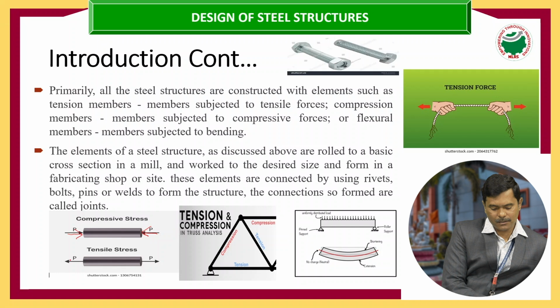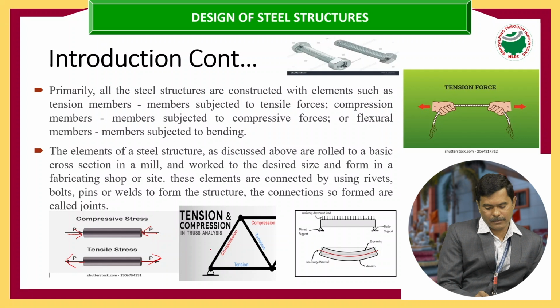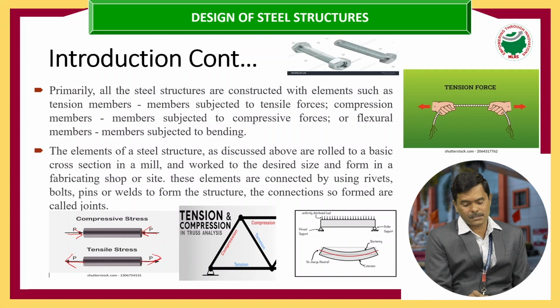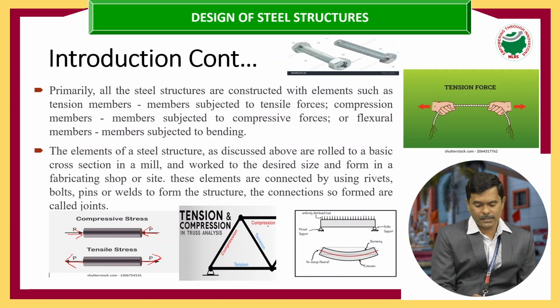If the member is subjected to two equal and opposite pulling forces, then it is called the tensile member. In truss structures also, you can see the compression member and the tension member are different. Generally tie members are called tension members in the truss structure.